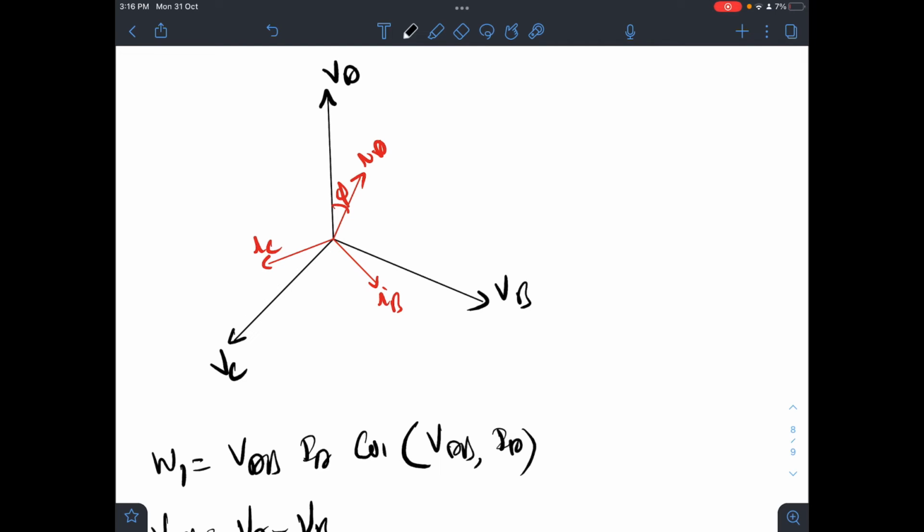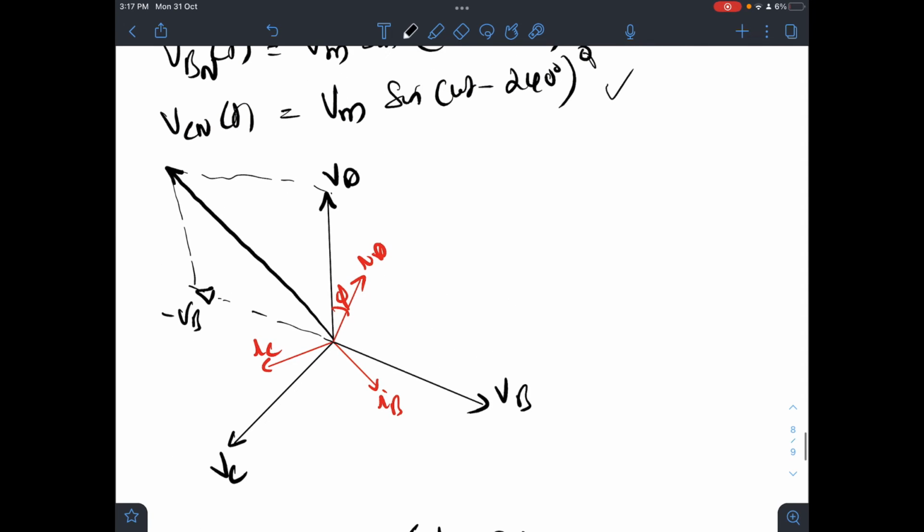So for minus VB, I should draw it in the backwards direction. This is my minus VB. Now if I add VA and minus VB using the parallelogram law, I will have my total VAB. This is the VAB.